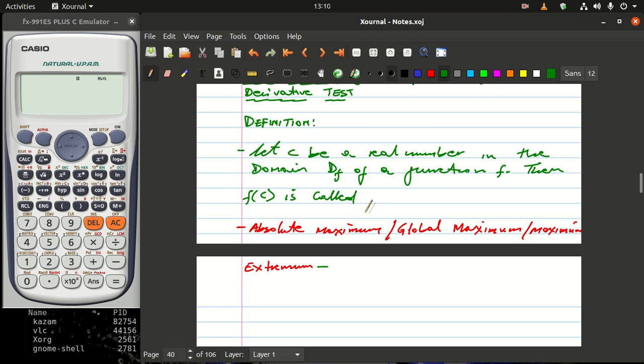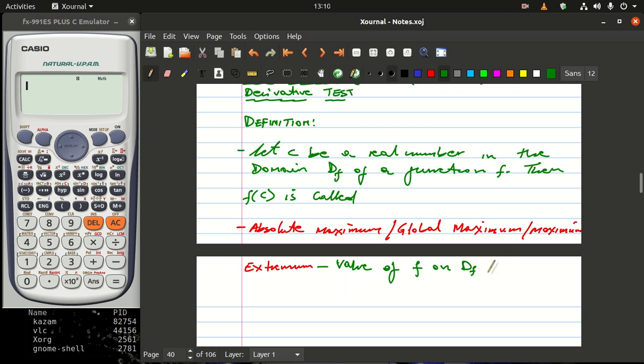Mathematically, so we have this extremum. We usually say that this one is a value of f on D, right? So this is just the domain. It is a maximum value of f.